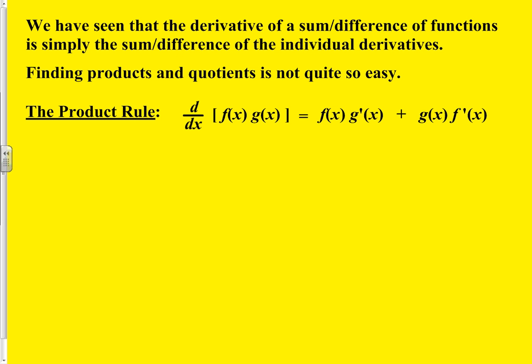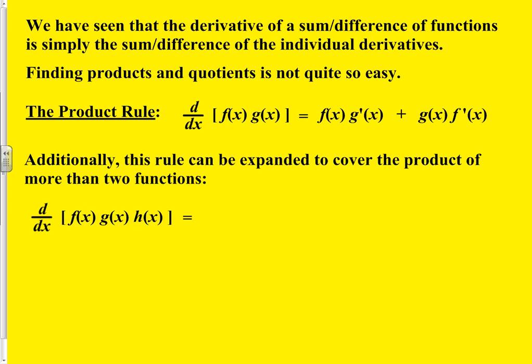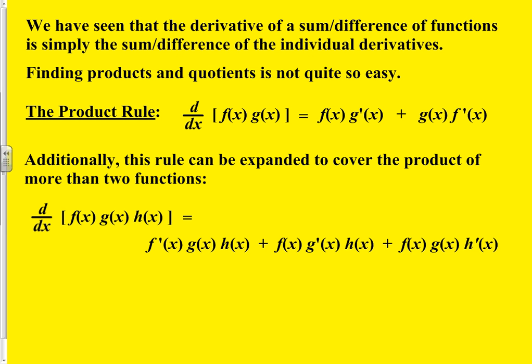Further, this process can be expanded to larger products if we ever had the need to do that. So let's say we had three functions being multiplied times each other and we needed to take the derivative of that product. Then it works basically the same way. As you can see, in each of the terms that are part of the sum, one of the functions has its derivative being taken, and then that derivative is multiplied by the other functions as they are.